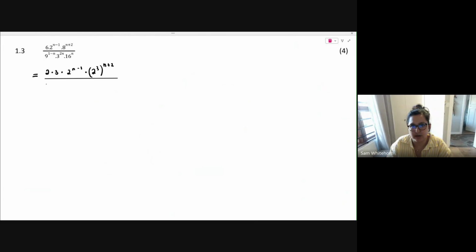Good. Okay, 3 squared. And again, we must remember that it is being raised to the power 1 minus n. 3 is a prime base, no problem there. 2 to the power n. What about 16? How do I write 16 as a prime base? We actually did it again in 1.1. Good. 2 to the power 4, but still being raised to the power n.